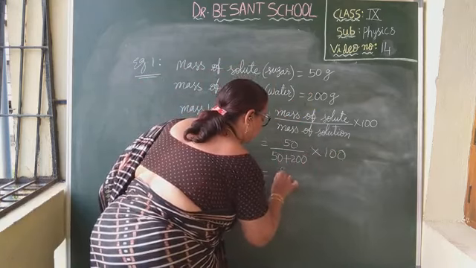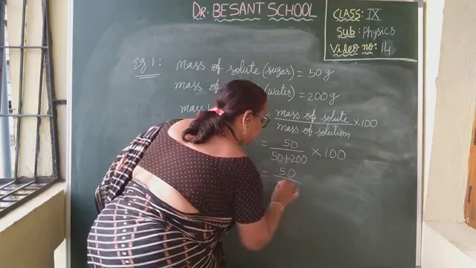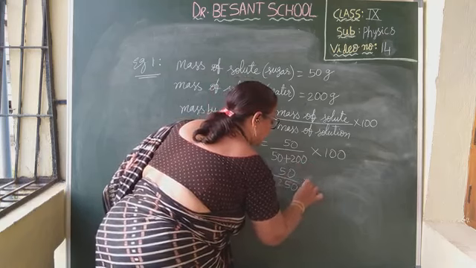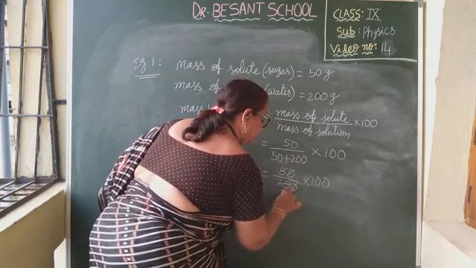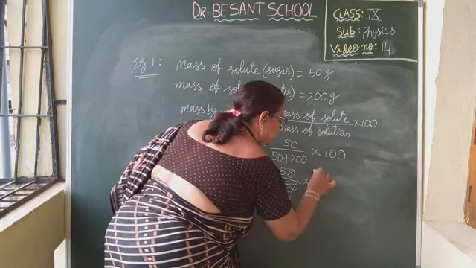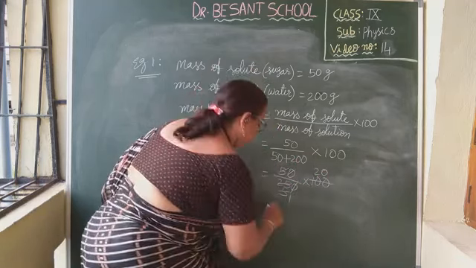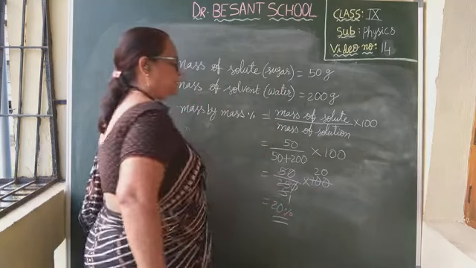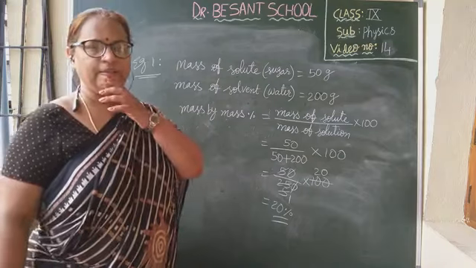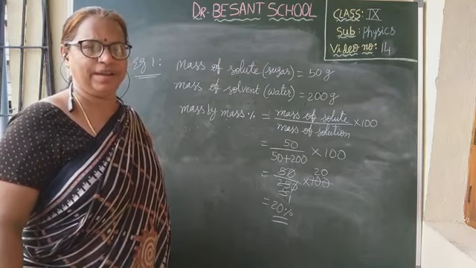That equals 50 by 250 into 100. So finally what answer did we get? 20% is the answer. I hope you all understood children, right?